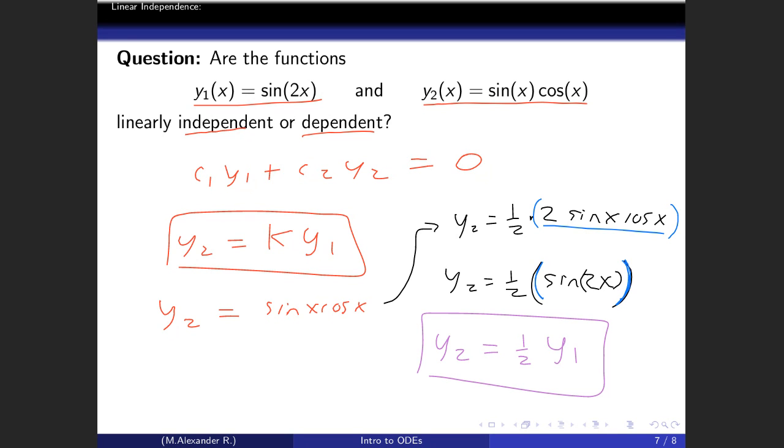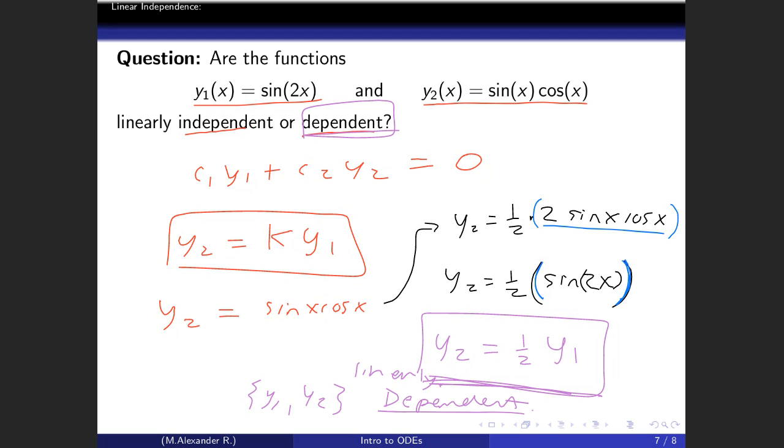So we're saying that y2 is a combination of the other function, or in this case, just a multiple of the previous function. But we're saying the same thing as before. And so that's why we say that this combination of y1 and y2 is linearly dependent. So y1, y2, let me write down here, linearly dependent.